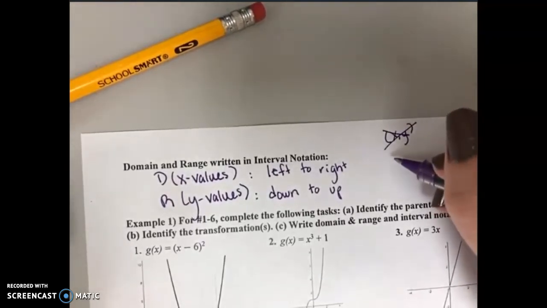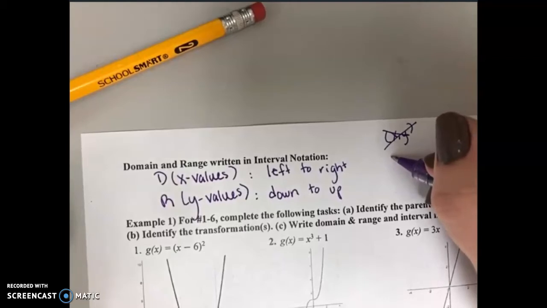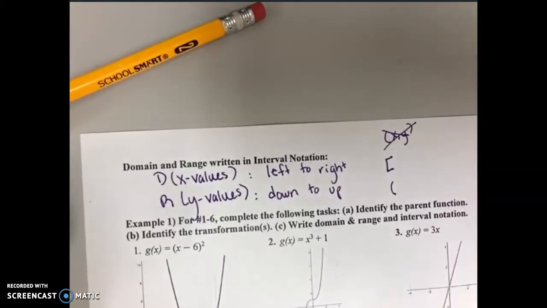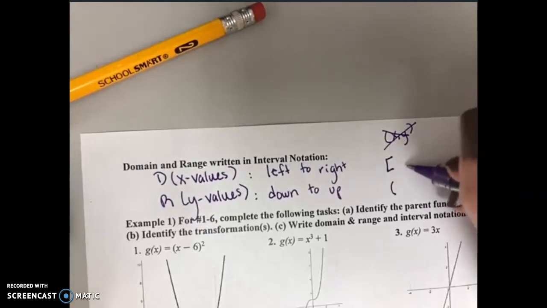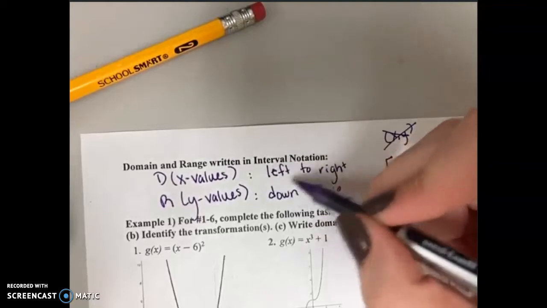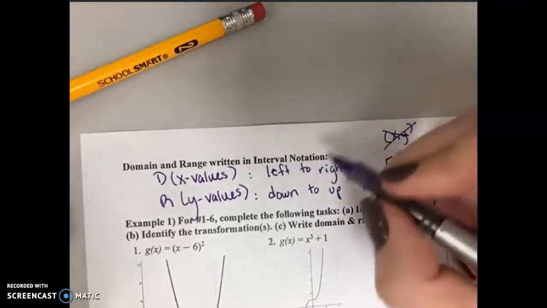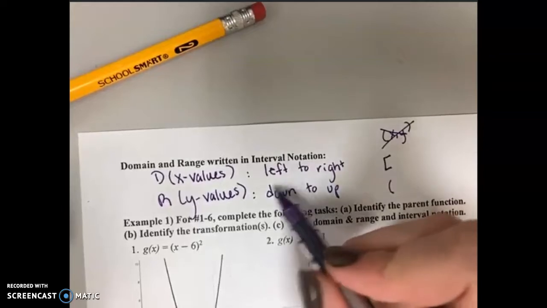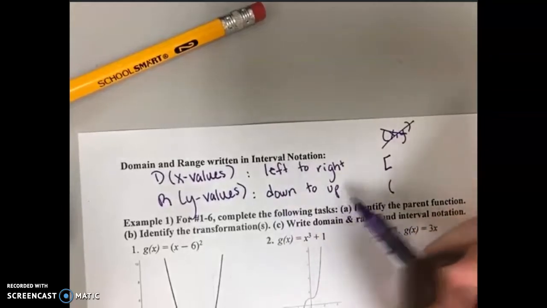For interval notation, we're going to be using brackets and parentheses. Okay? Now, in the first position will be how the graph is behaving to the left of the graph, and the second position will be how it's behaving to the right of the graph, or vice versa, moving from down to up.